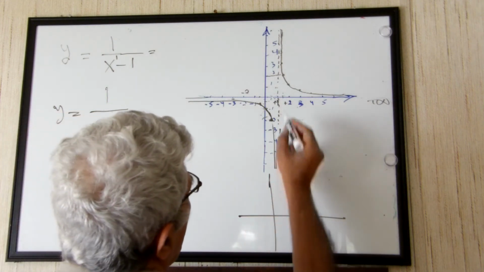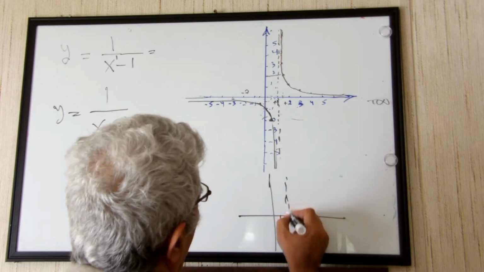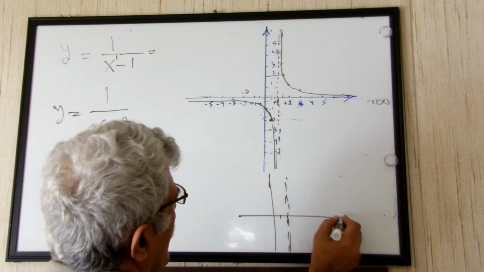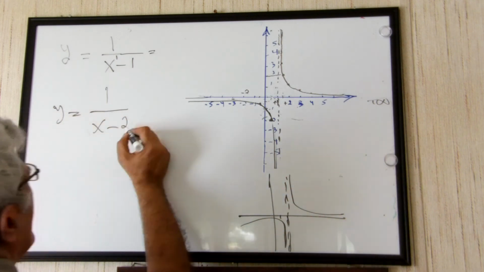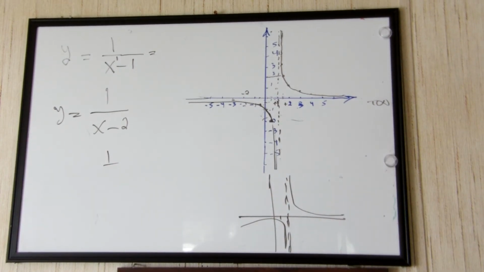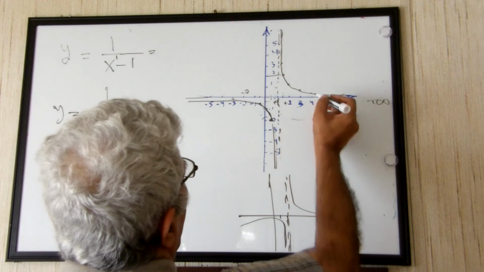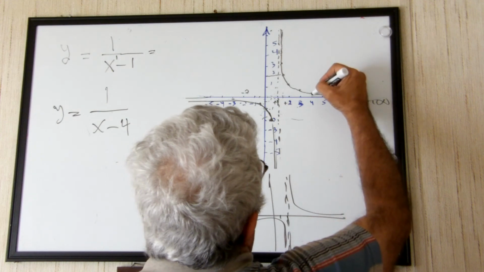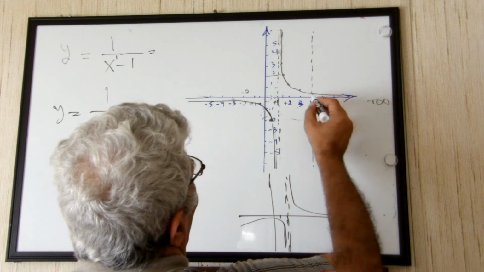This one is going to shift, and x equals 2 is going to be the vertical asymptote, so this is going to go this way. And if it is 1 over x minus 3, that one is going to shift, like for example x minus 4. x equal to 4 is going to be the vertical asymptote. It's going to be this.